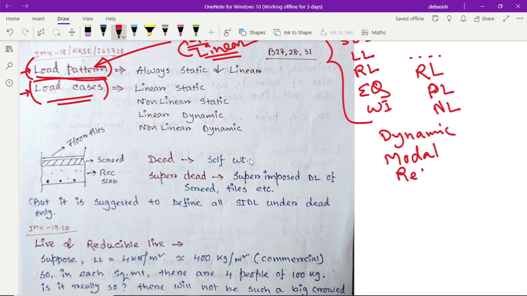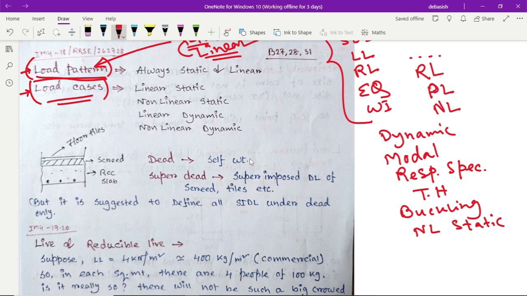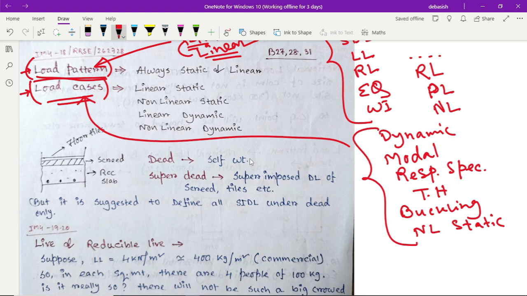Response spectrum analysis, time history analysis, buckling, non-linear static, all those types of load we can define with the help of load cases in the ETABS software.